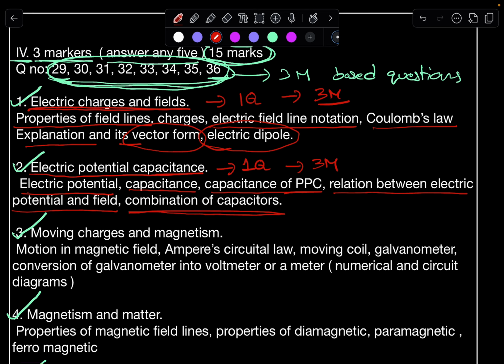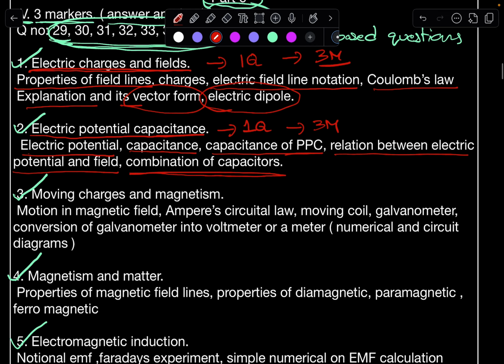Now coming to the next theory as well as derivation chapter, moving charges and magnetism. Here the easiest derivation is motion in a magnetic field, that means a charged particle moving in a magnetic field, correct or not? So what are the things we will discuss in this? R is equal to mv by qB, the radius of the charged particle, and time period, frequency, etc. So that is motion in a magnetic field.